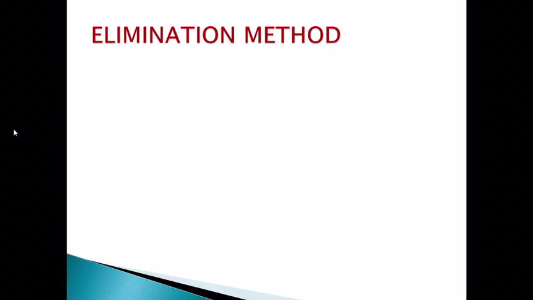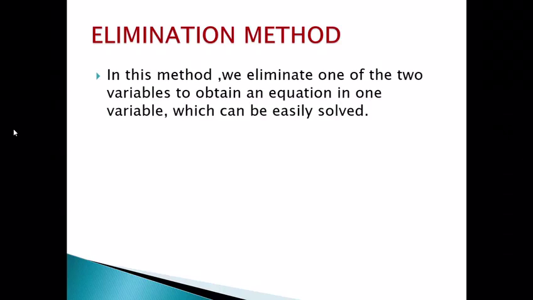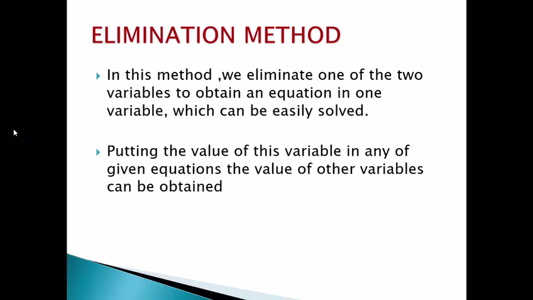Here, something means we have to eliminate either of the two variables x or y at one time. In this method, we eliminate one of the two variables to obtain an equation in one variable which can be easily solved. Then substitute this value in either of the two equations, and we will find the other variable.